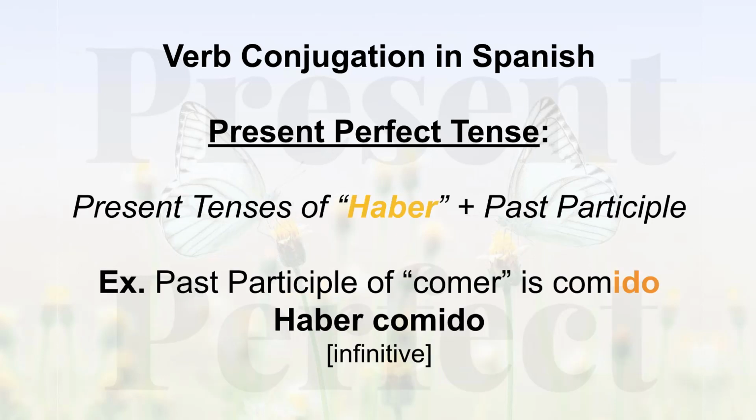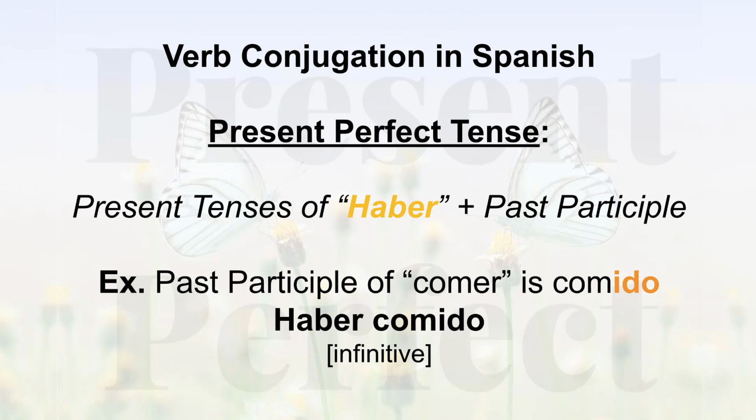So just like in English, present perfect tense in Spanish will use the auxiliary verb haber, equal to have in English. So here again, we take a look at comer as an example, which means to eat in English.